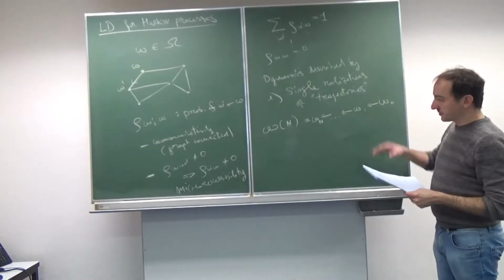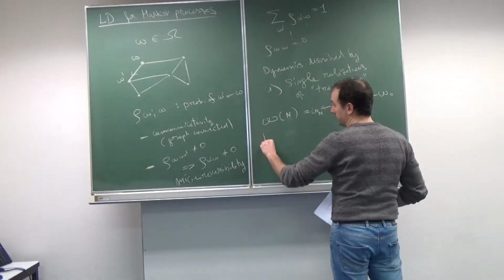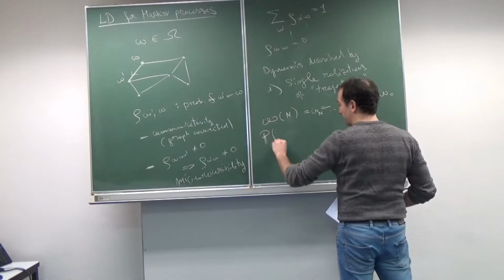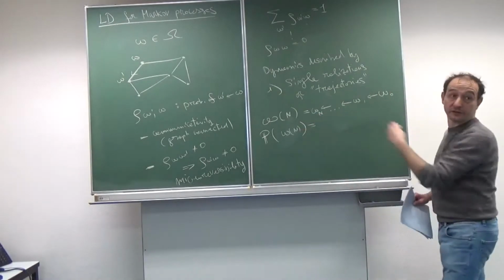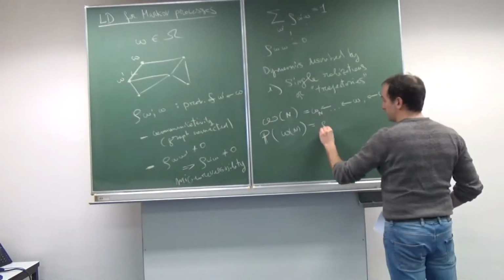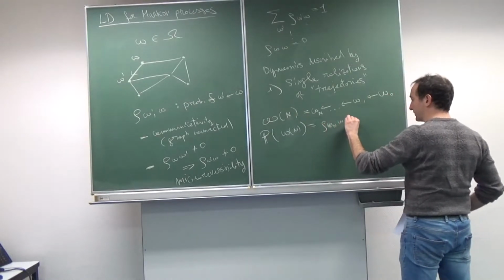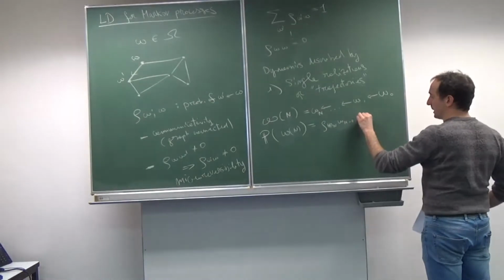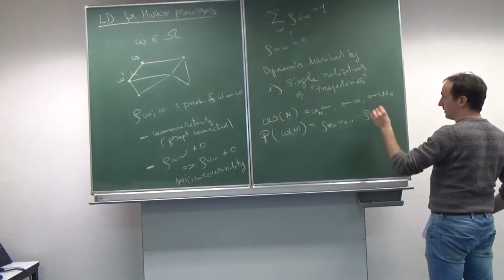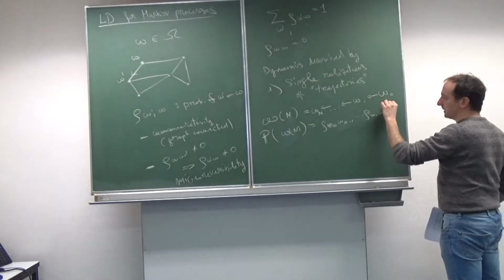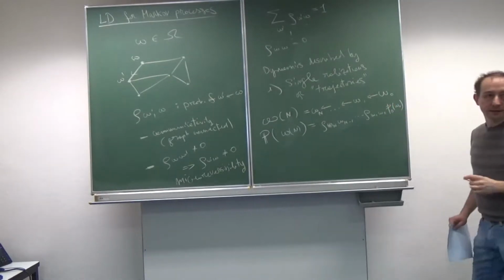Okay? And associated to this individual realization of the process is a probability, which is just the product of the probabilities. So it's rho omega n omega n minus 1 times and so on, times rho omega 1 omega 0, and then there's an initial probability, which we call P0, of being at omega 0.